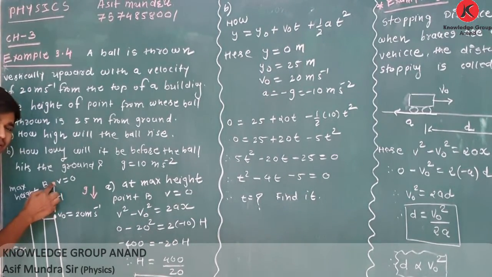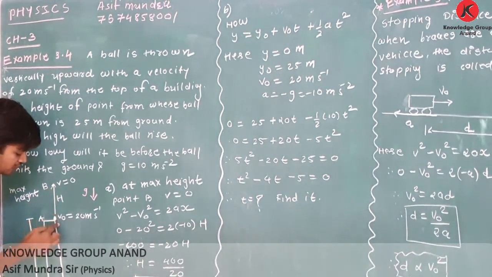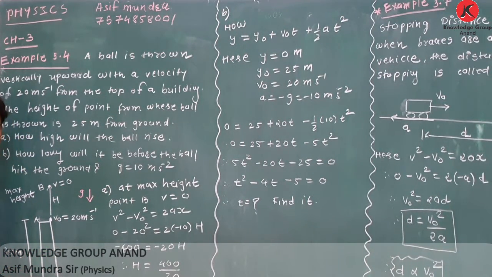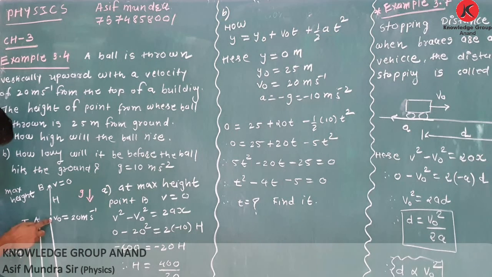Then, due to gravitational force, it will move in the vertically downward direction up to the ground. Yes or no? Yes. Again, the ball is starting from this point A, 25 meters high. So 25 meters high is the initial point. It is moving in the upward direction, and then it returns to the ground.